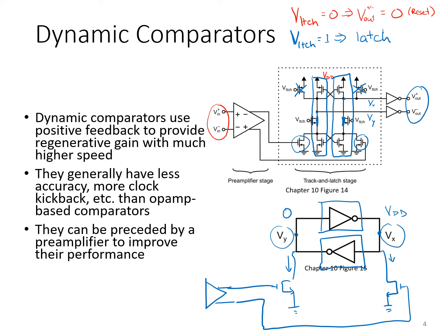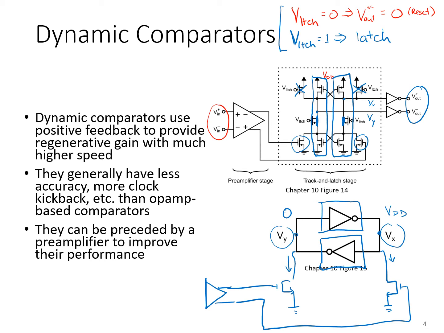So the only current that's flowing is a transient current that's being used to periodically charge and discharge some of these internal nodes. So we've just got dynamic power whose value is proportional to the frequency with which we toggle the latch between reset and latching mode.